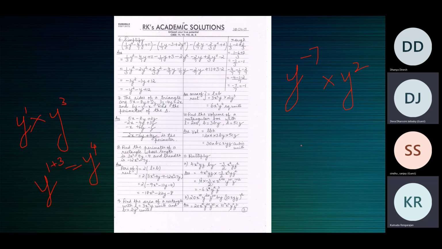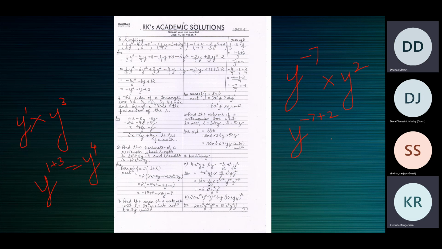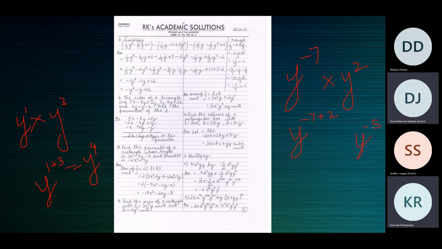And is it multiplication? Yes. When bases are same and it's multiplication, we add the powers. So we write the base y as it is and we add the powers: minus 7 plus 2. Minus 5, ma'am. Y to the power minus 5, because minus 7 plus 2 is minus 5. So y to the power minus 5 is the answer.